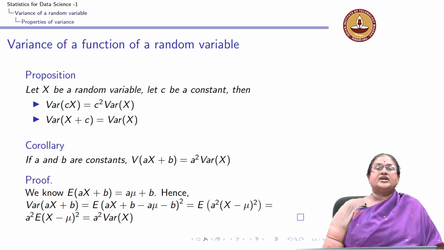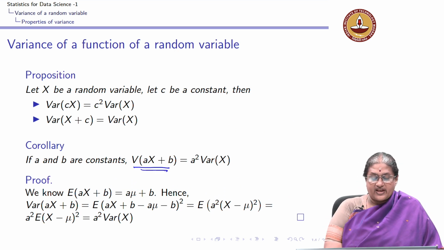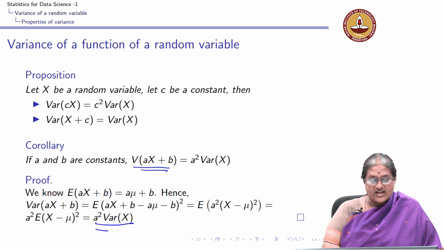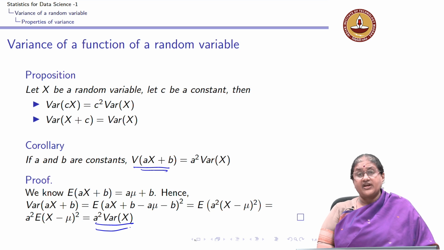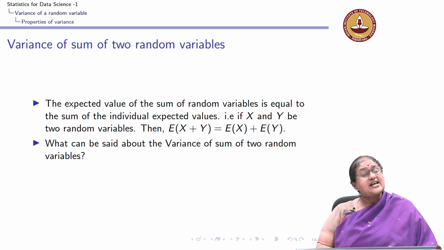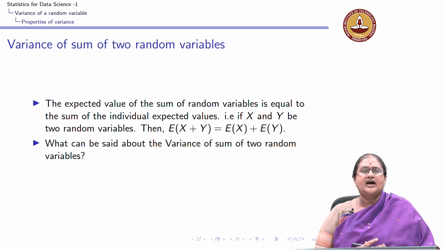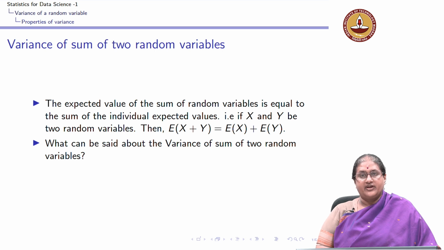Hence, if a and b are constants, the variance of aX plus b is a square variance of X. These are very important properties of variance, and let's apply this to understand how to get the variance of a sum of random variables.